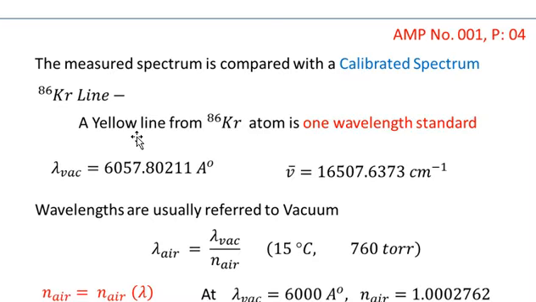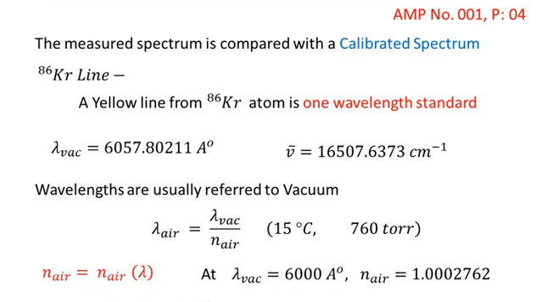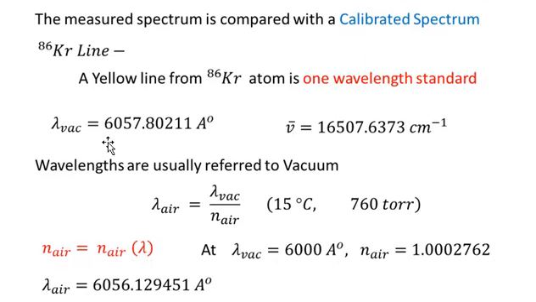So a yellow line from the Krypton 86 atom is one wavelength standard, and that was used in the past. The wavelength coming out from the Krypton 86 through the vacuum, lambda vacuum, is equal to 6057.80211 angstrom. And angstrom is the unit where 1 angstrom is equal to 10 to the power minus 10 meter.